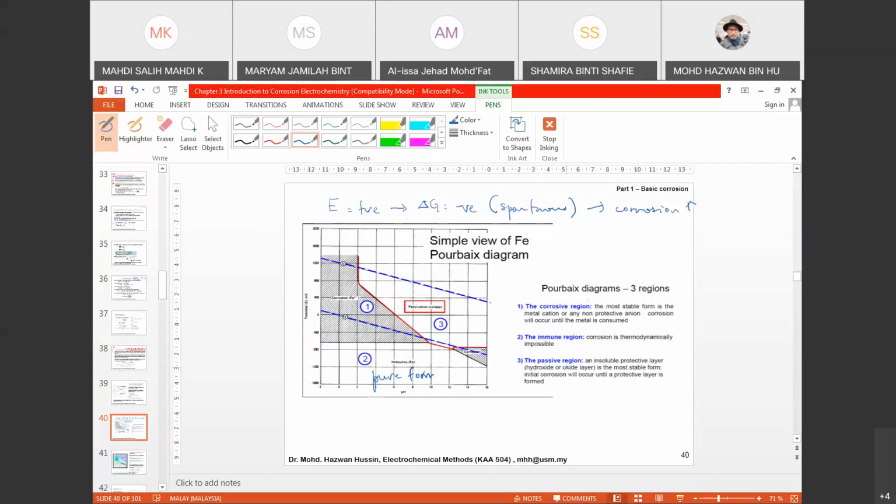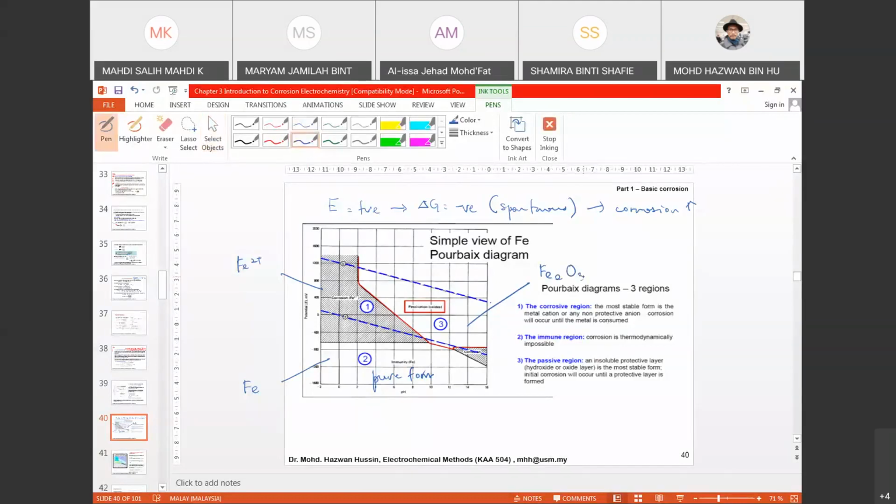And you also have a region over here, number 3, the passive region. Passive region means the insoluble protective layer of hydroxide or oxide is already formed. This is the region where you have the formation of Fe2+. This is the region where you have Fe only, and this is the region where you have the formation of oxide, probably like Fe2O3, or other types of rust product.